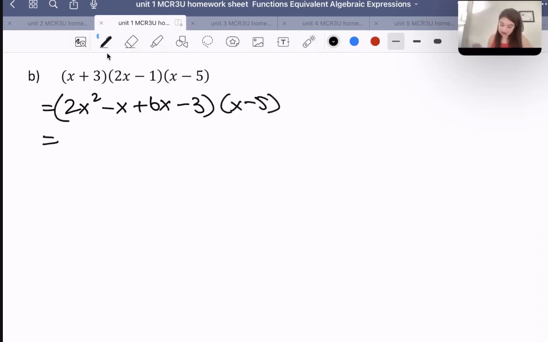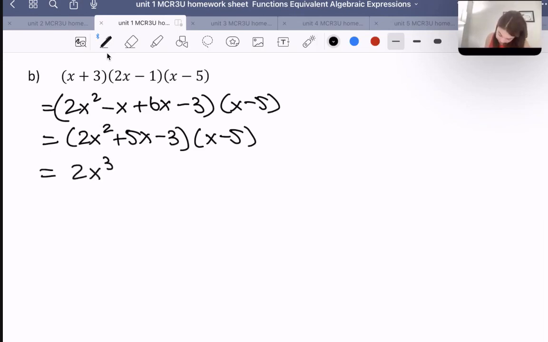First, I'll actually collect like terms to make the first equation a little bit simpler. We still will have 3 terms, but by combining the negative x and the plus 6x, we are doing a little bit better than before, times x minus 5. Okay, next step is to do 2x squared times x, which is 2x cubed.